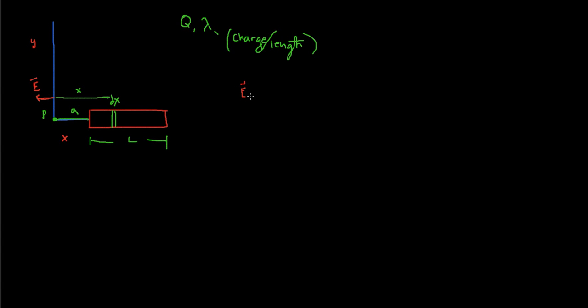So the electric field in the x direction is just equal to the constant 9 times 10 to the 9th times the charge. This is a little q. It's really the same thing as big Q. So the constant times the charge over the distance squared. So for the distance, I will say x squared because it's in the x direction. And this is a vector in the i direction, or you could say in the x direction.